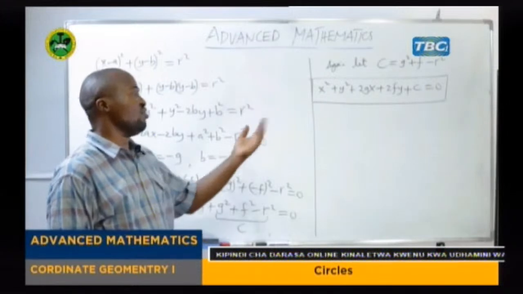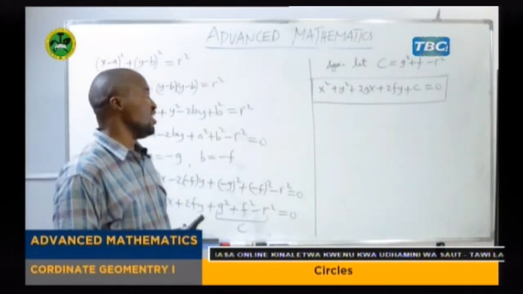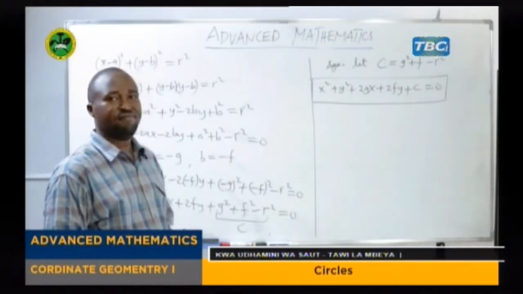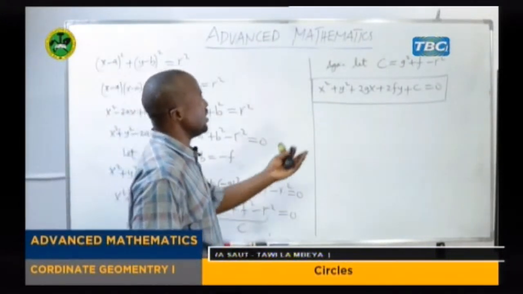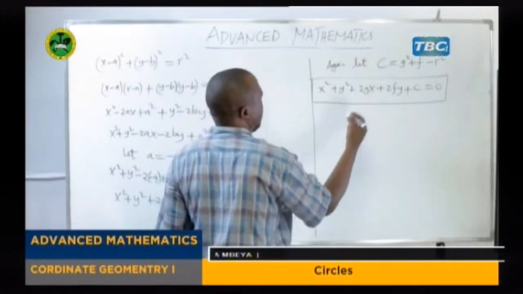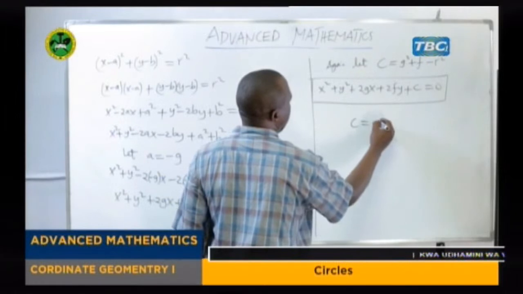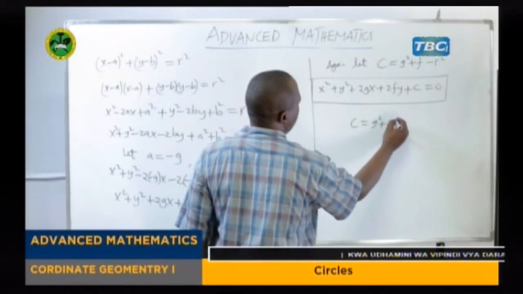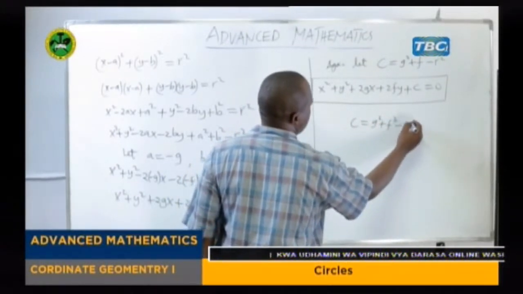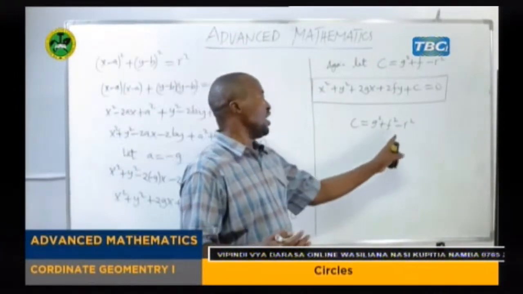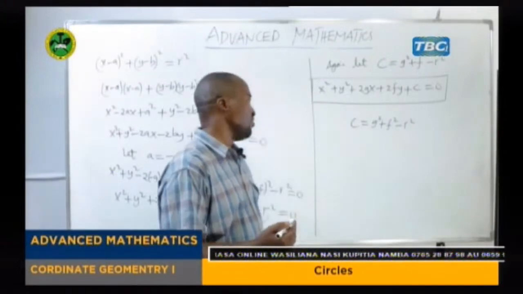And this form is very useful when you have 3 coordinates and you want to find some missing values. So again, let us come back to our c. We said c is equal to g squared plus f squared minus r squared. This time we are going to make r the subject.